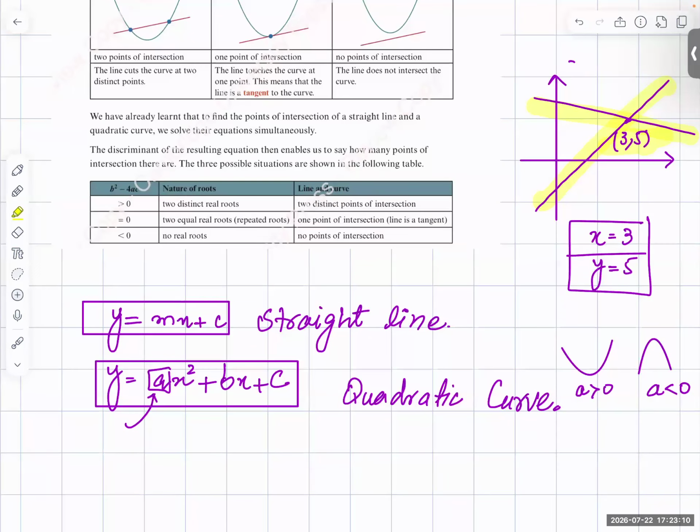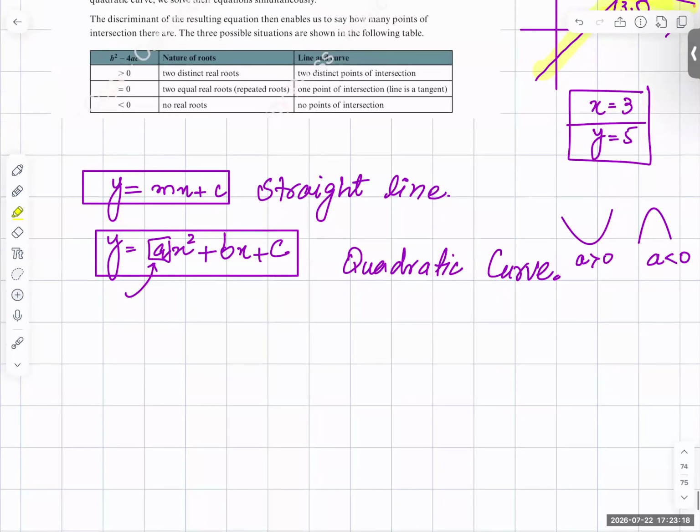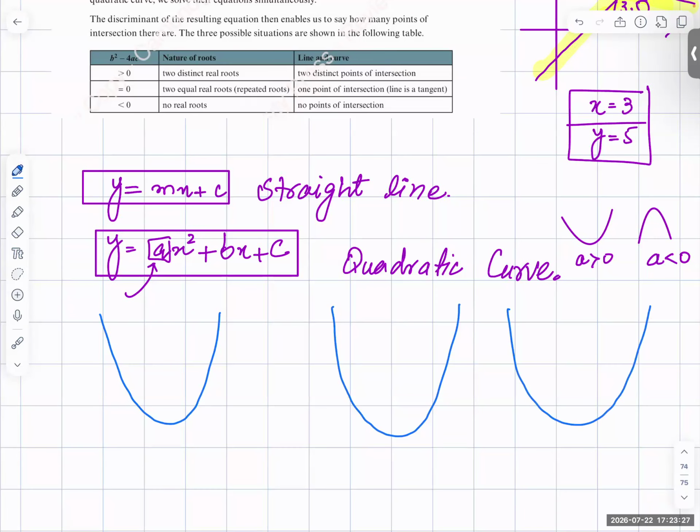And we mainly use the substitution method here. So while solving a quadratic and a linear equation, you may come across these three situations.